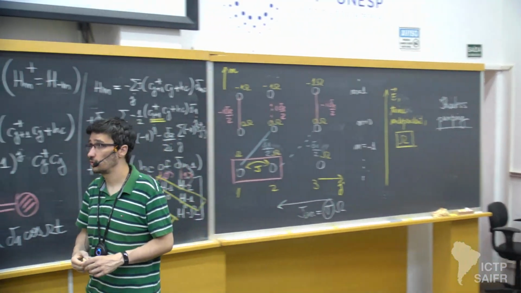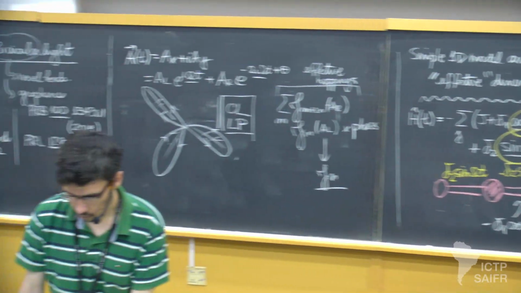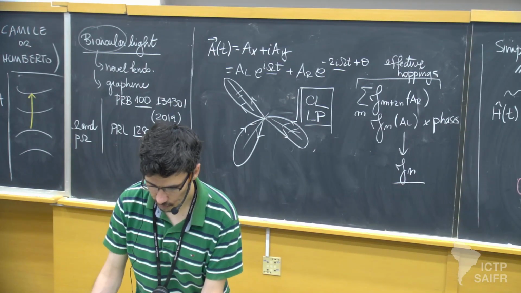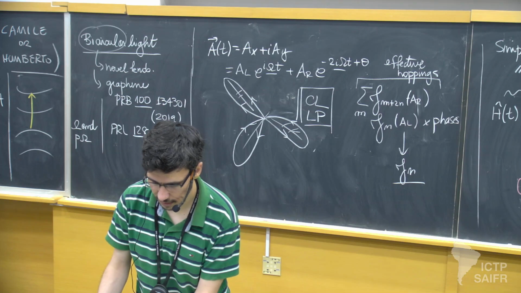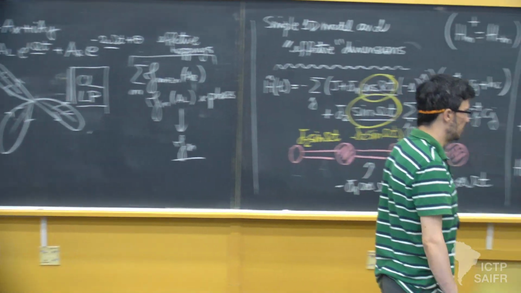Okay, more questions? All right, so at this point we are done with the non-interacting part of this course. So starting tomorrow, we are going to take a different route, but it's not really different because our starting point is always going to be the same. I would like to ask questions about systems that are strongly correlated.